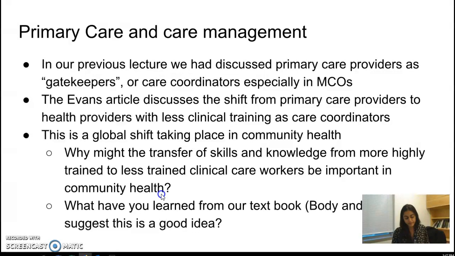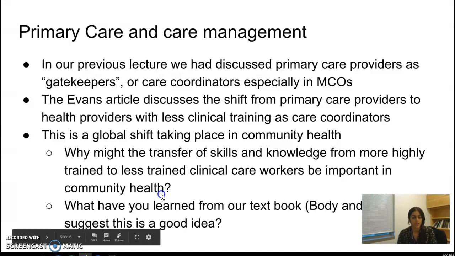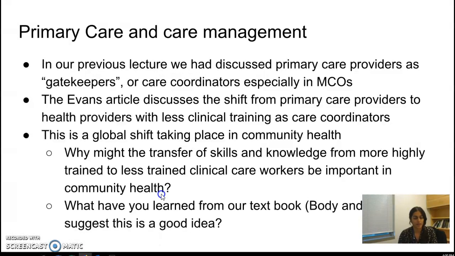resource area. So aside from that, why might the transfer of skills and knowledge from more highly trained to less trained clinical care workers be important in community health? And so this question, you did explore it.